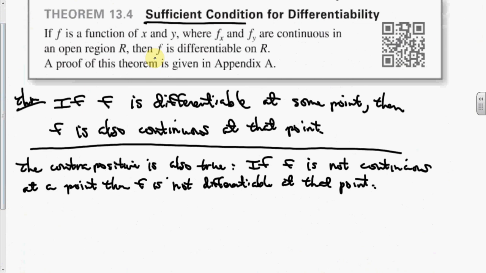We get something that says the complete opposite. And so we use my theorem and then this corollary that I'm giving you right here. A corollary is a consequence from a major theorem.